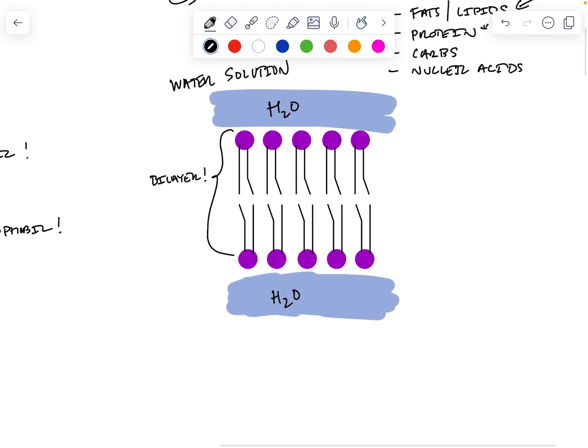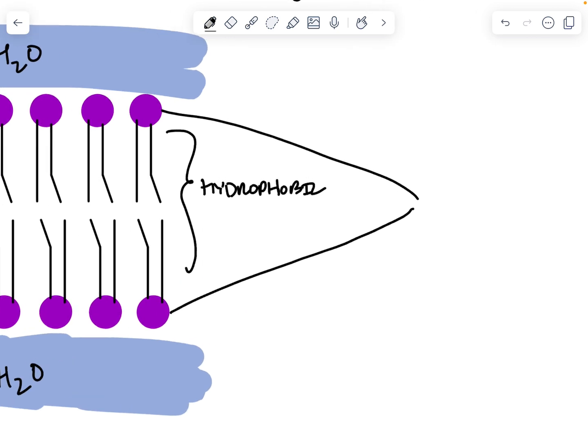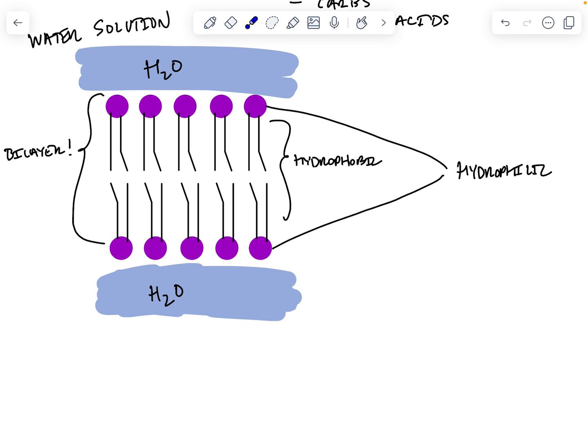And why do they spontaneously form a bilayer? What's the most energetically favorable conformation for these molecules? Because it puts all of the hydrophobic tails together, away from the water, here and here, and it puts all the hydrophilic heads together facing the water.